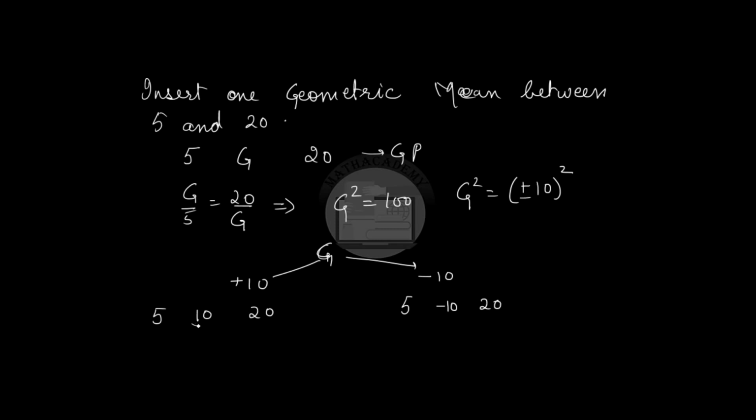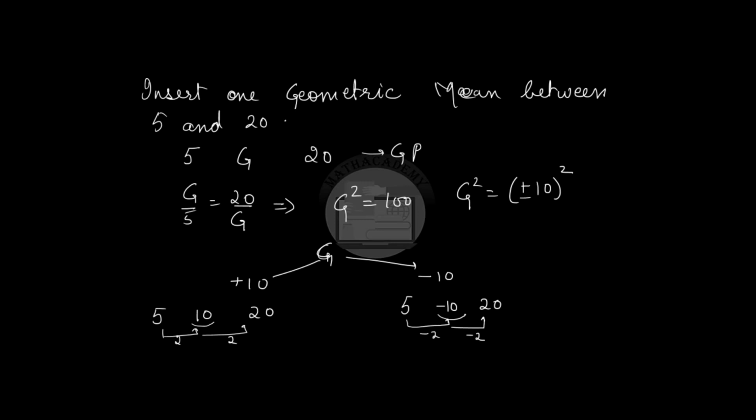In the first case the geometric mean is 10, in the second case the geometric mean is negative 10. If the geometric mean is 10, then the common ratio is 2. And if it's negative 10, the common ratio is negative 2. So this is how we insert a geometric mean between two given numbers.